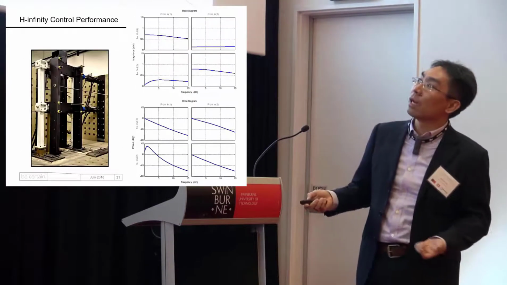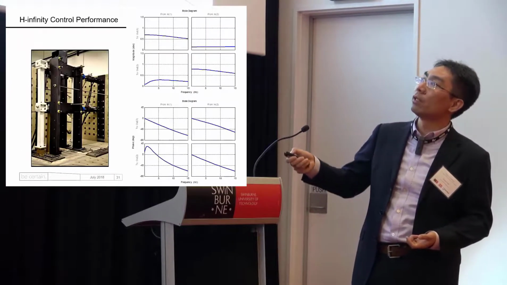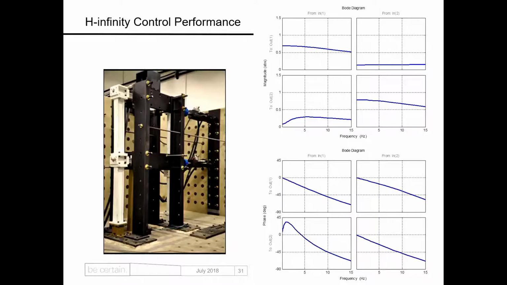It's a modern type of controller, so we did some validation with two different actuators attached to a two-story frame. Look at the frequency response function matrix before we attach the outer loop H-infinity controller. This is the coupling, right?